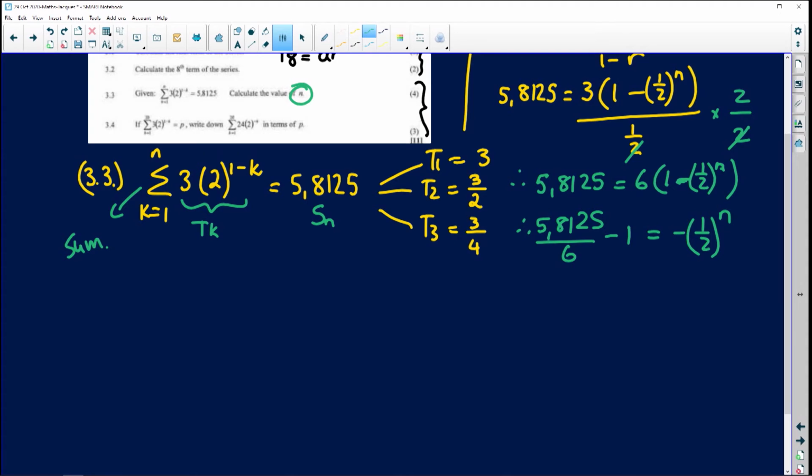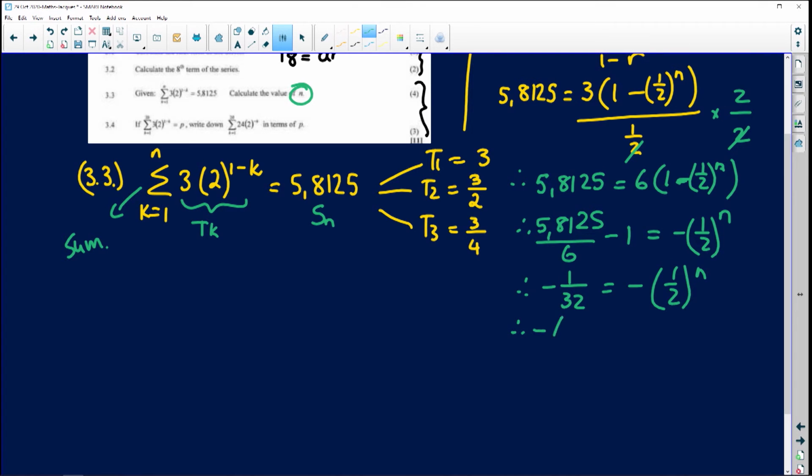Now, folks, look at this. If you put this into your calculator, you're going to come up with a negative 1 over 32. So we get minus 1 over 32 is minus a half to the n. What can I write this as?